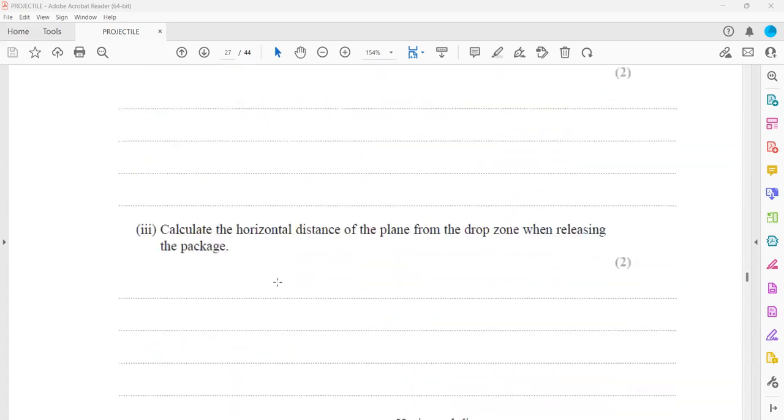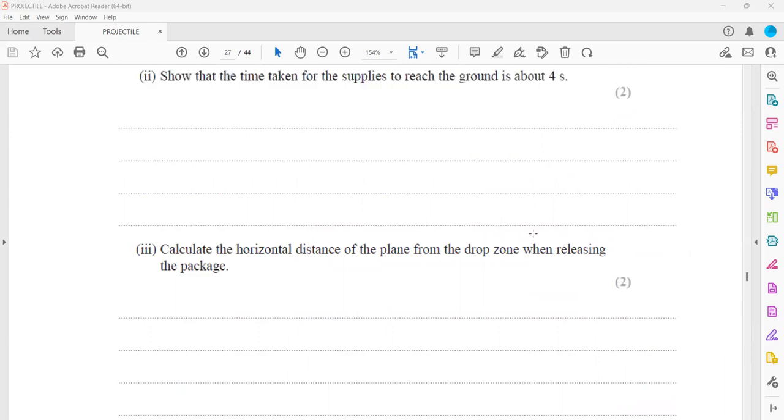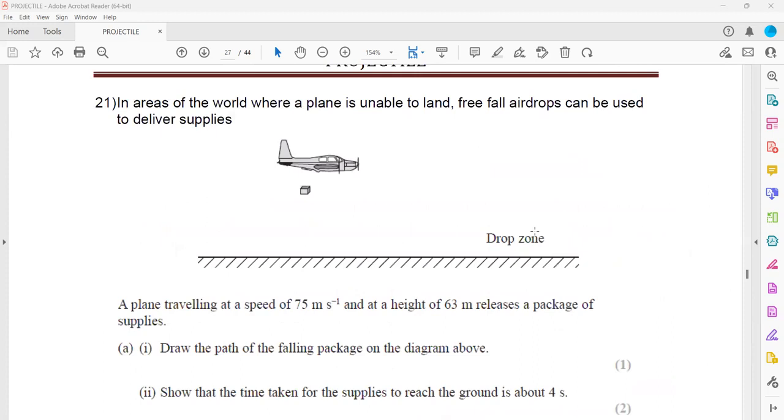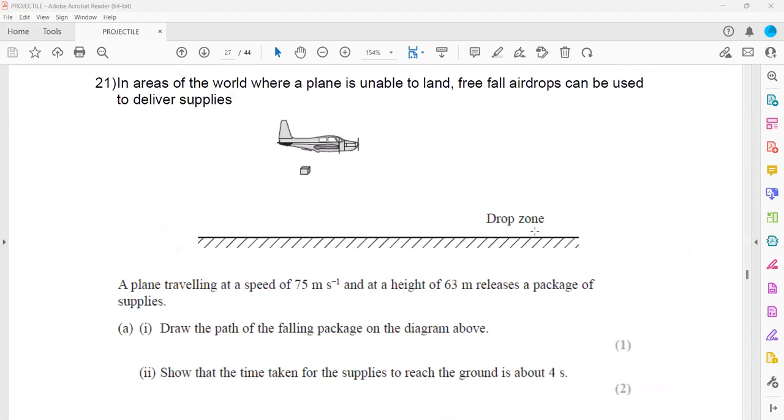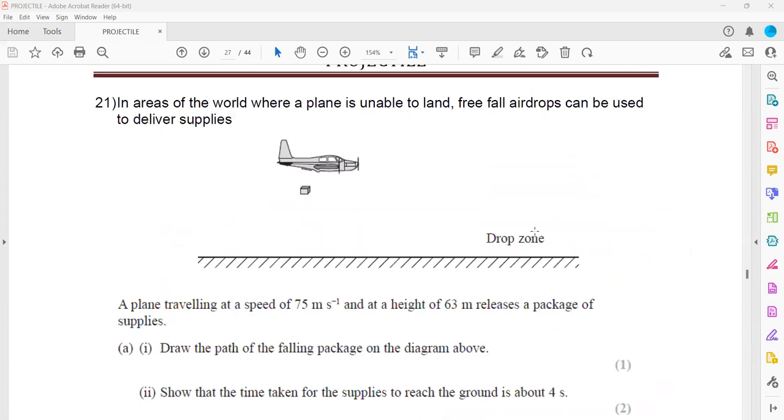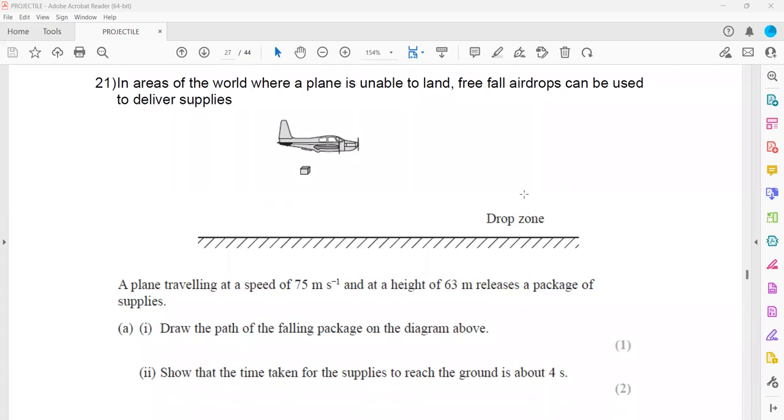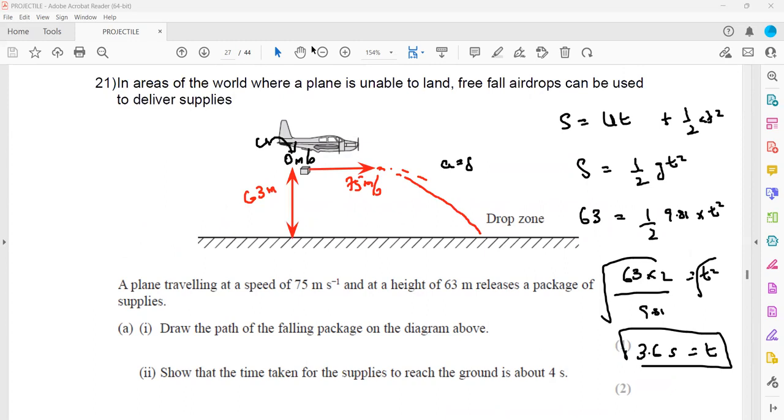The next part, calculate the horizontal distance of the plane from the drop zone when it releases the package. So basically, we have to calculate the horizontal. Practically, the horizontal component does not remain the same, it will change.